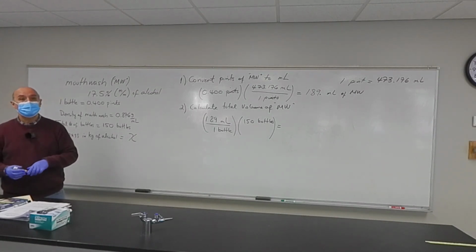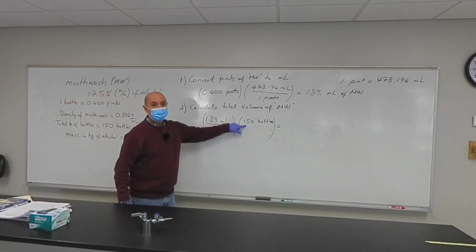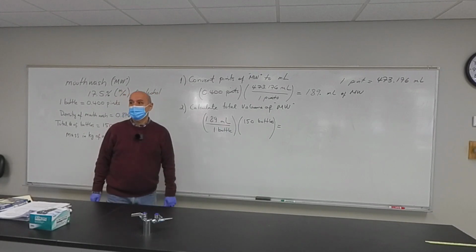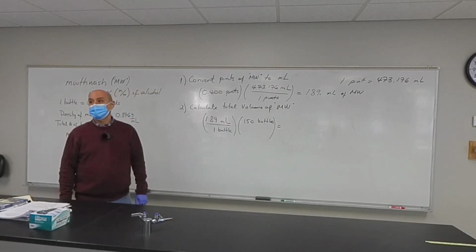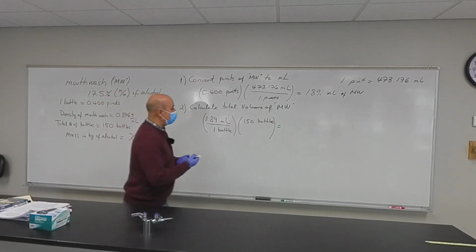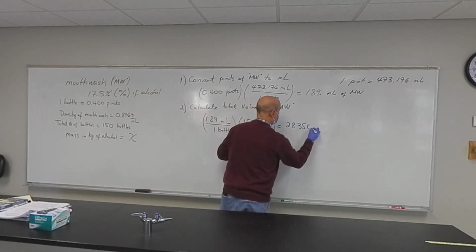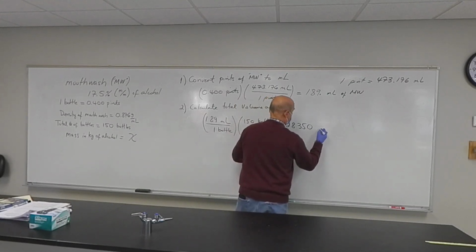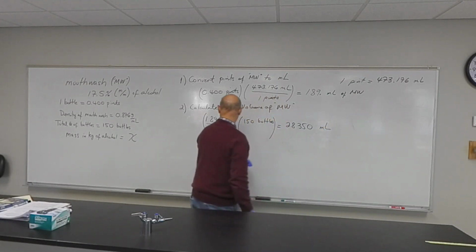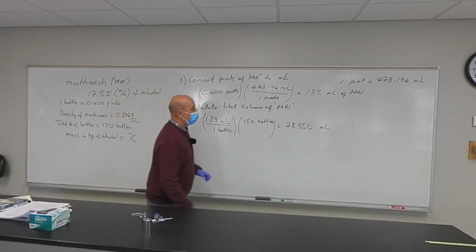I'm sorry, you divided 189 over 1 times, and then times 150. Do I have a second person confirming the first, what was it, 28,350. All right, 28,350 milliliters. Those are the units that are remaining of mouthwash.